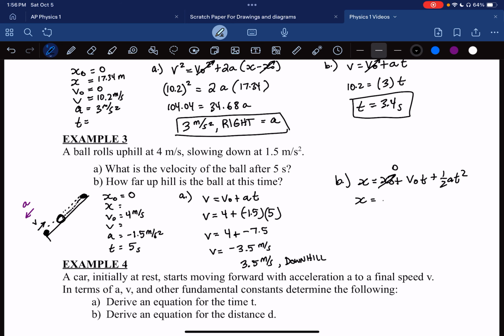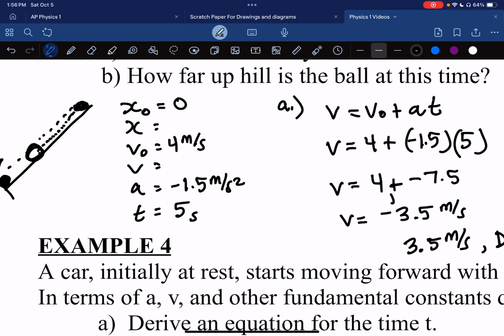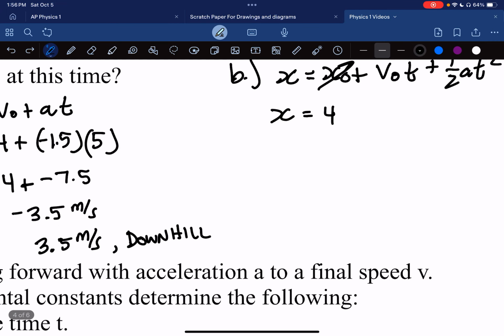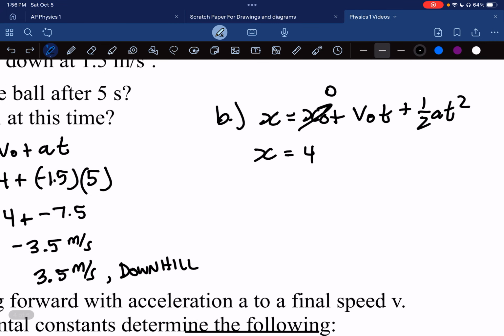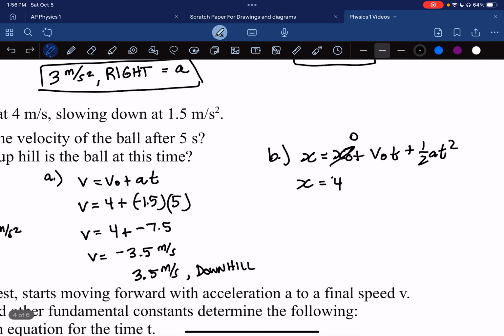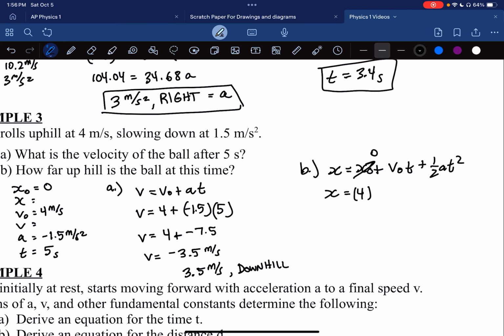At 0, whoops. Velocity is 4. T is 5. Oh, we can just type this in the calculator.